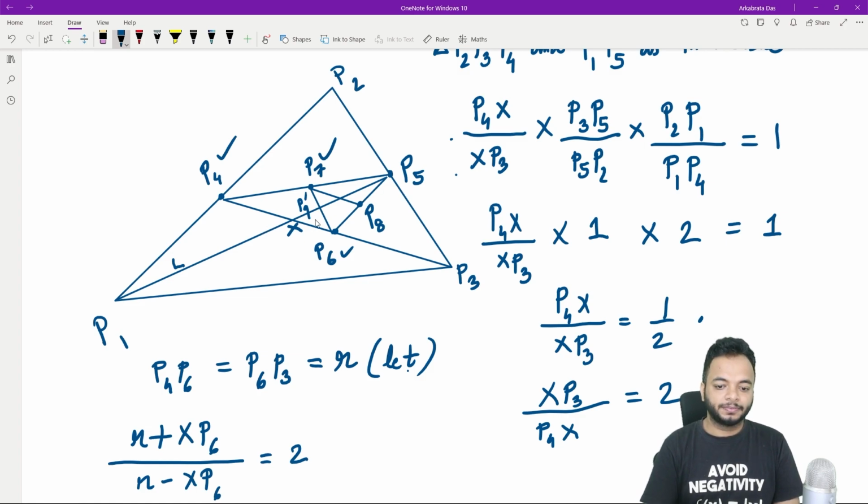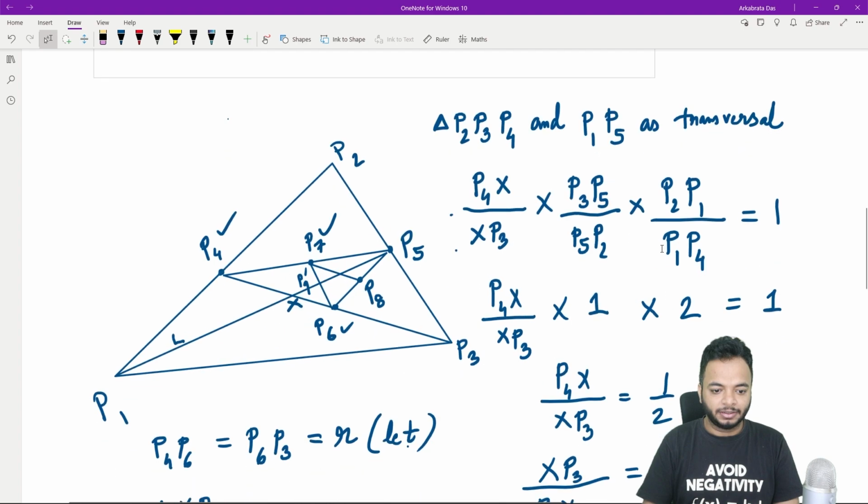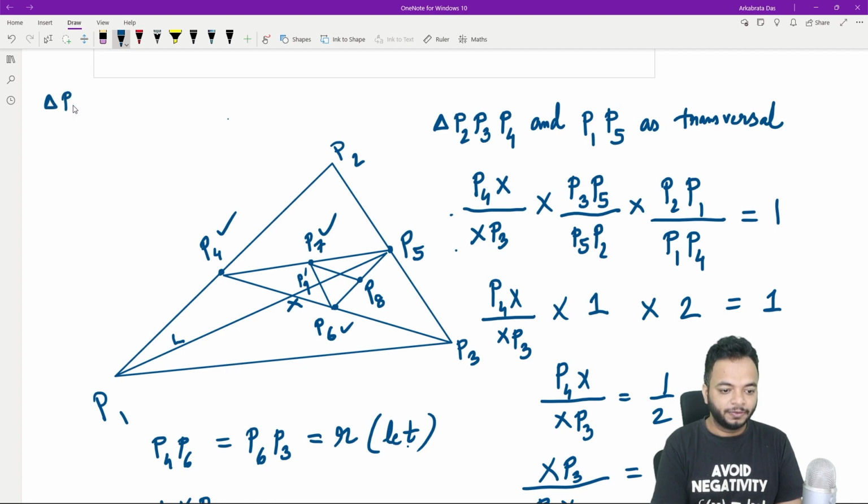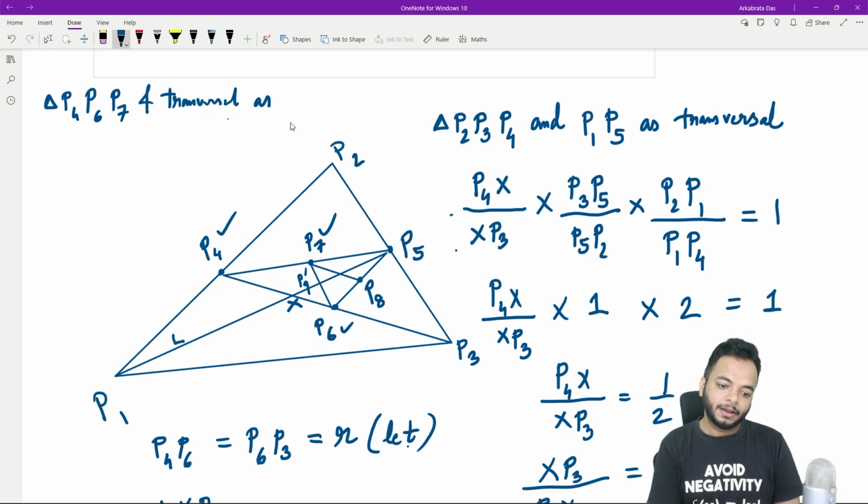Let me write it down somewhere here so that you get to see the figure. So triangle P4, P6, P7 and transversal P5x. Now when this transversal is there, let's go for the Menelaus theorem.